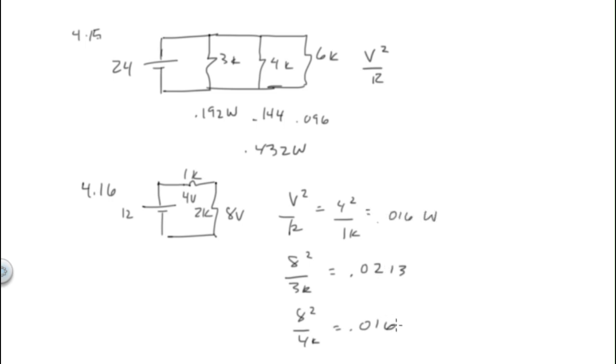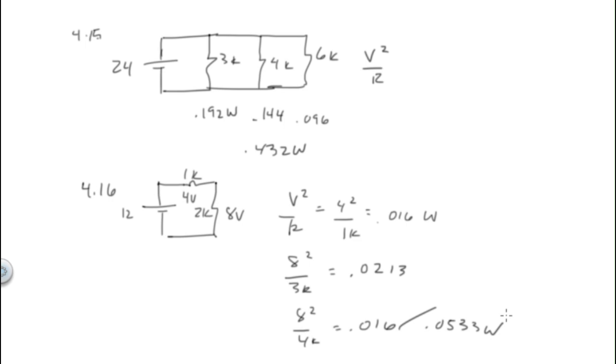These are in watts. So 0.016 plus 0.016 plus 0.0213 equals 0.0533 watts.